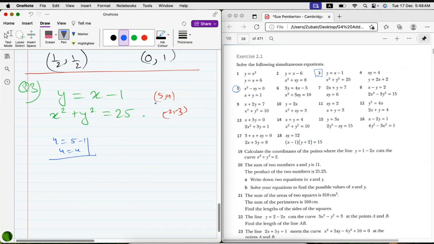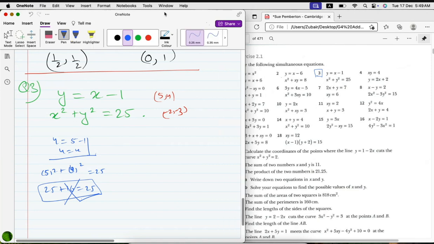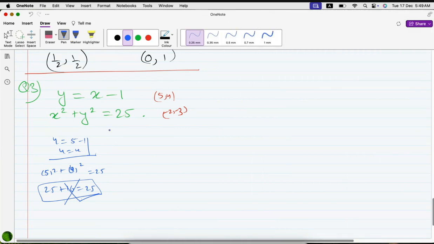In the second one, x squared plus y squared: 5 squared is 25, plus 16 does not equal 25. See, we're not getting equal. There must be something wrong. Okay. Quickly recheck. I'll also start working on this.